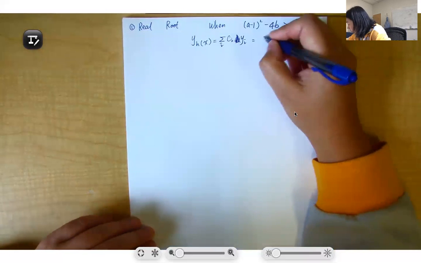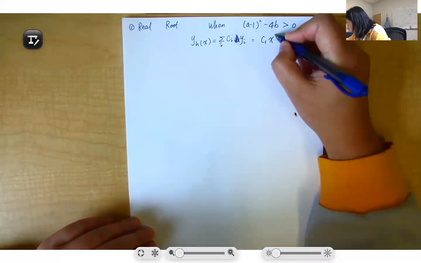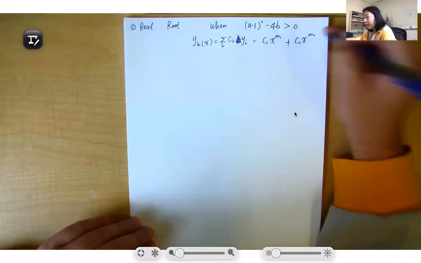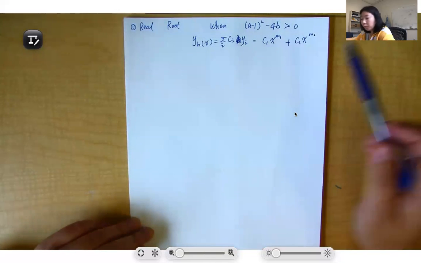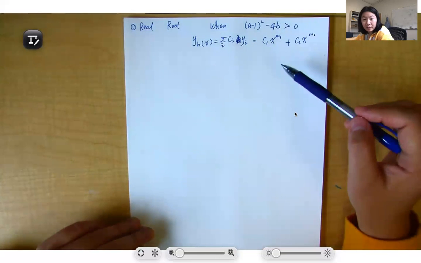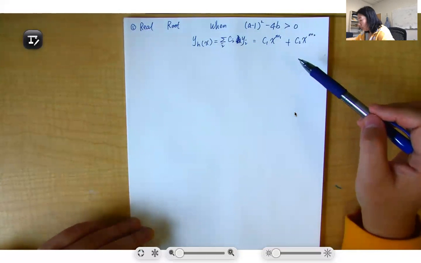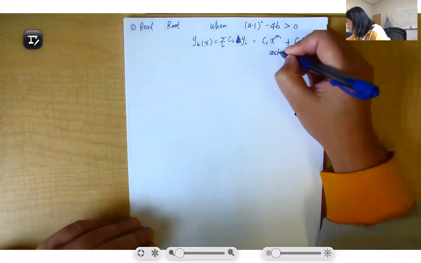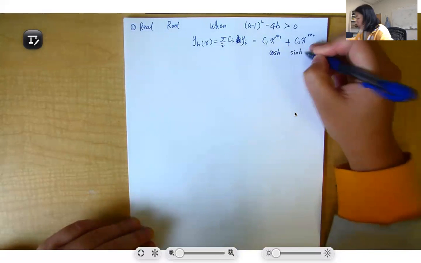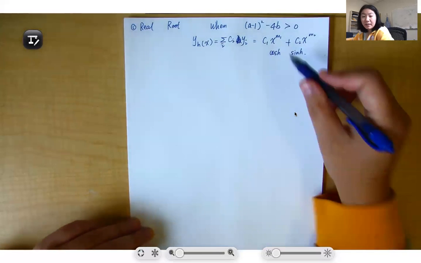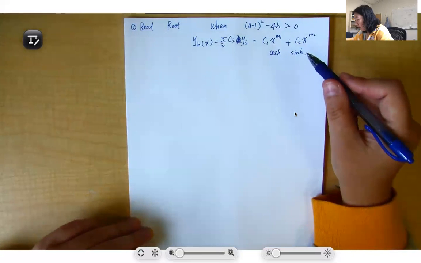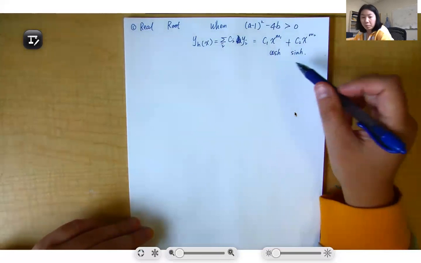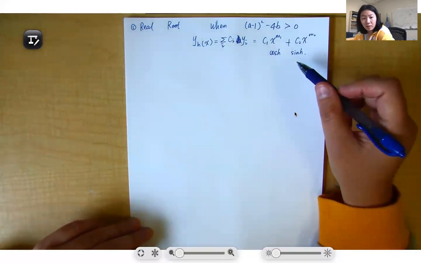That will be C1 x to the m1 plus C2 x to the m2. And you know that this form can be rewritten as a hyperbolic function form, which combines cosh and sinh. You can write in that form in a particular case, but we won't extend in this case. You can refer to the previous note regarding the constant coefficient.